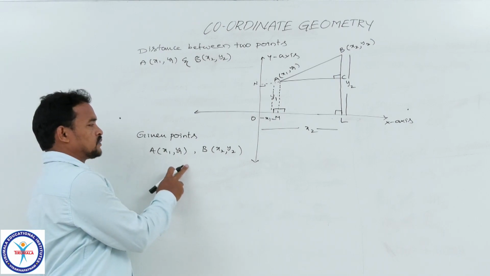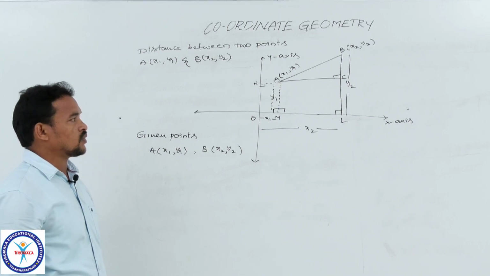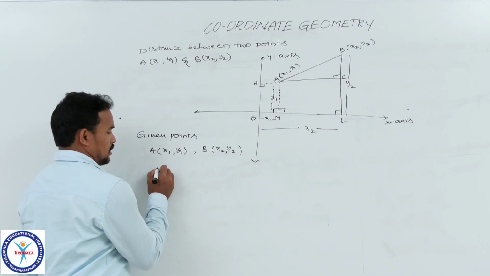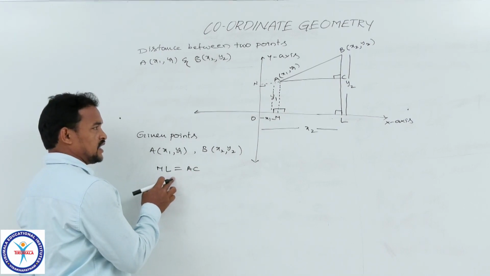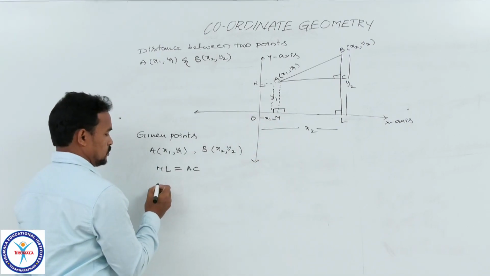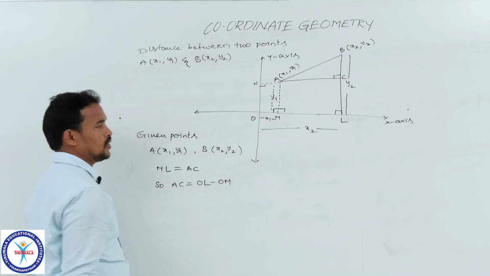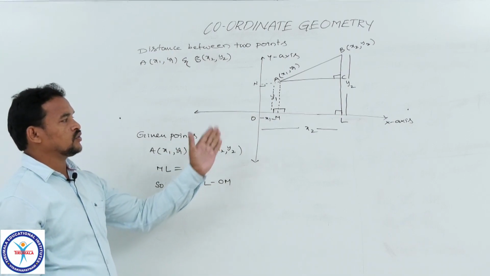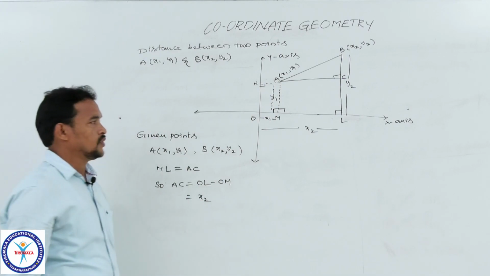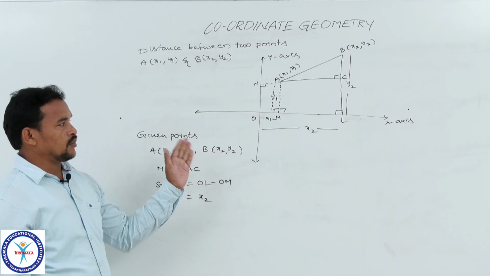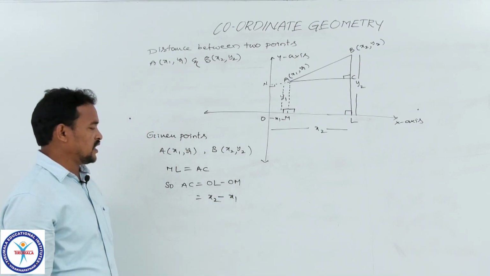By the diagram, we observe ML equals AC. Here ML is OL minus OM. So AC is OL minus OM. OL, the distance from the origin to the point L on the x-axis, is x2. OM, the distance from the origin to the point M on the x-axis, is x1. So AC is x2 minus x1.